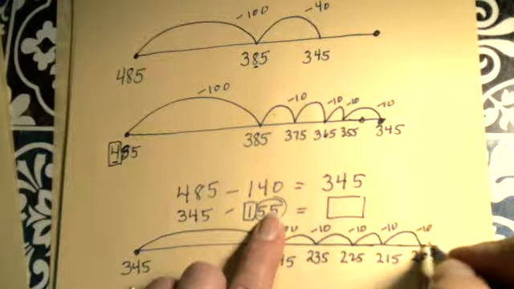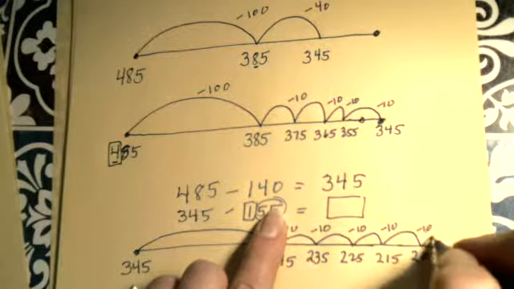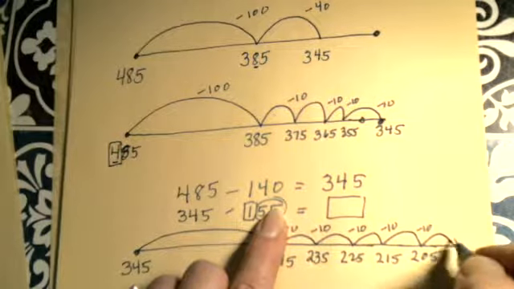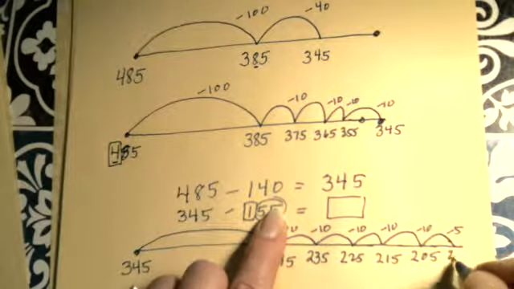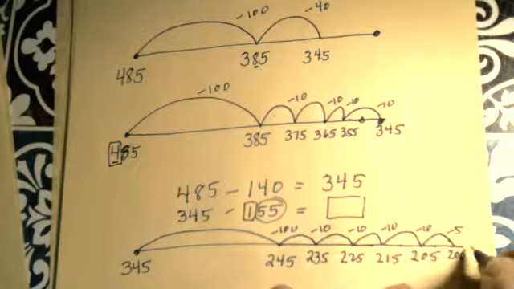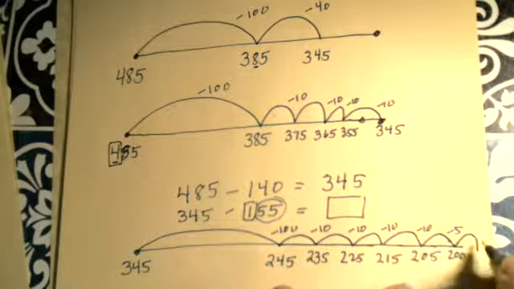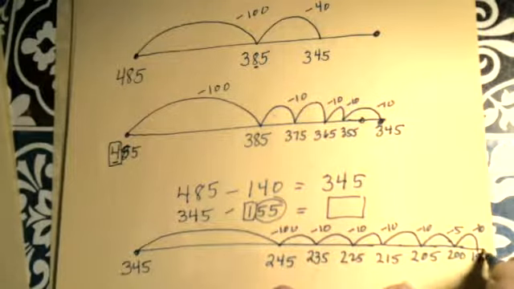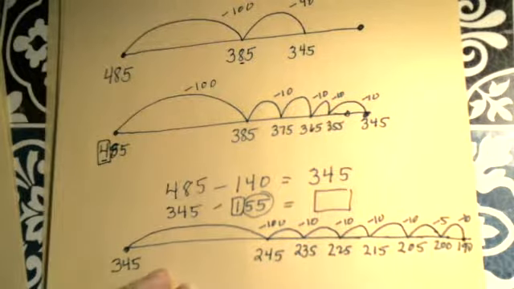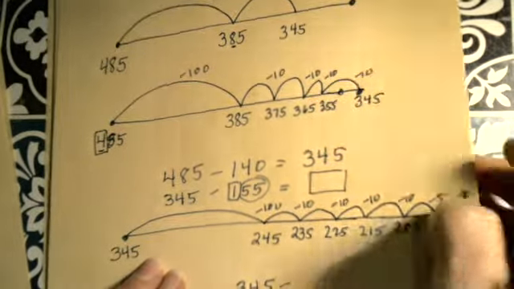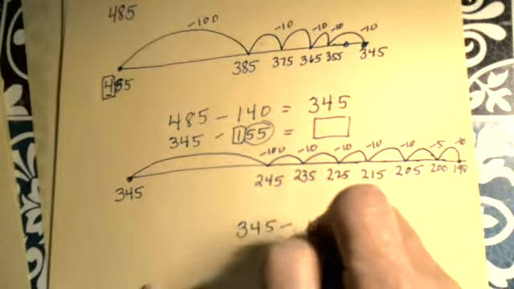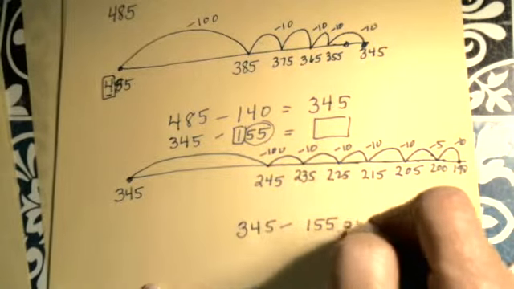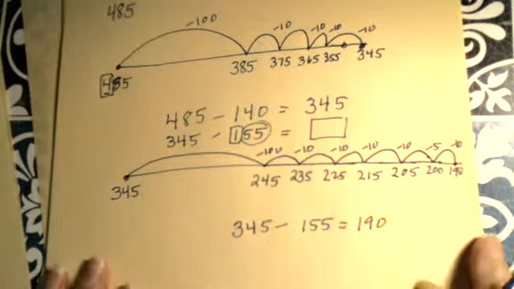Why don't we get rid of that 5? That might make it easier. Minus 5 equals 200. And then I need minus 10 more is 190. So 345 minus 155 equals 190.